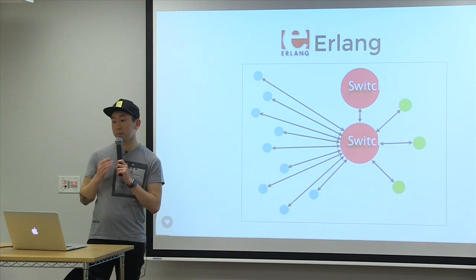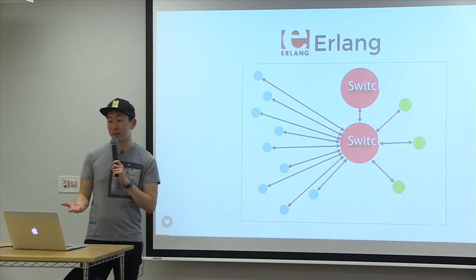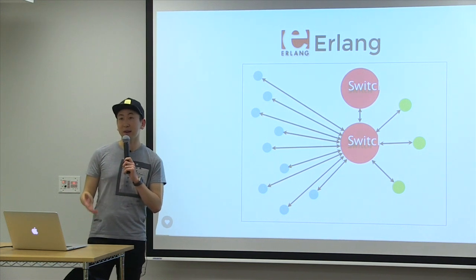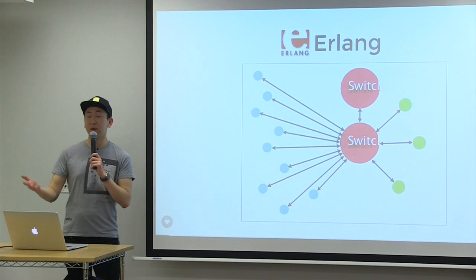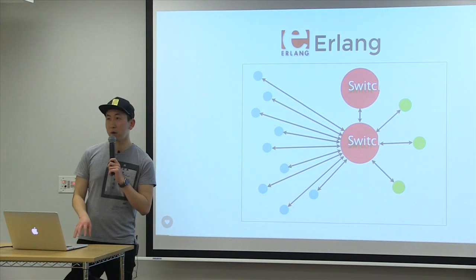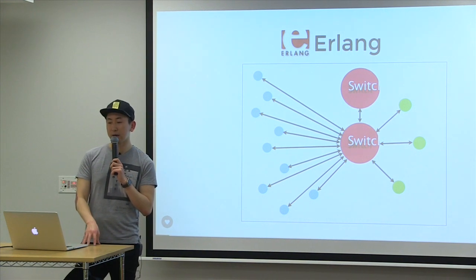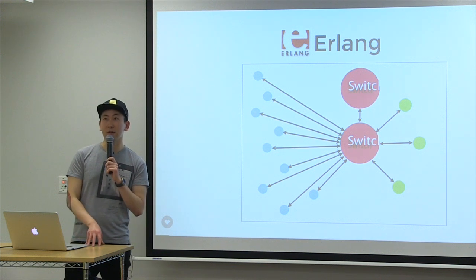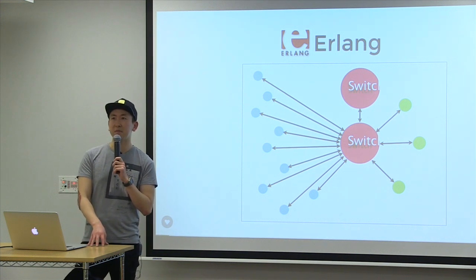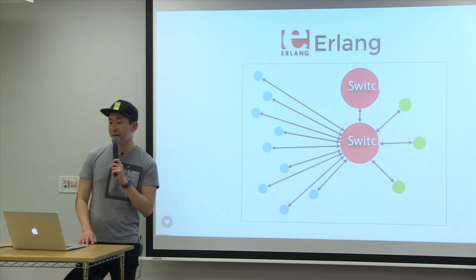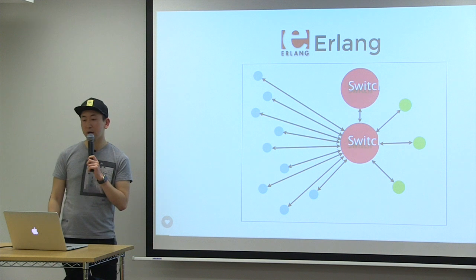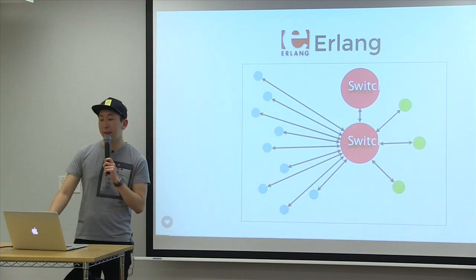Erlang has been known as really resilient, and the uptime is 99.9999 or so. It's still running in Ericsson systems. I think they only had about six hours of downtime in the last 20 years. So you can see how good Erlang is as a platform.